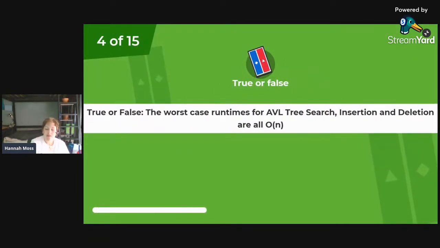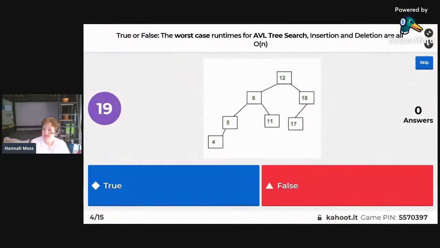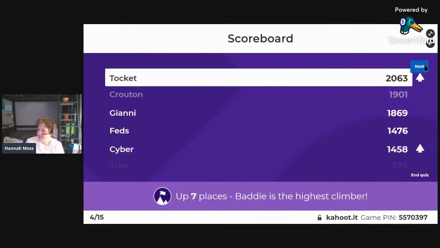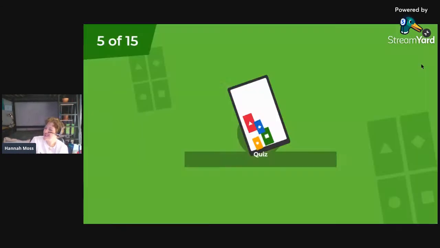The worst case runtimes for AVL tree search, insertion, and deletion are all O of N. And I hear there's some lag, so that's rough. Awesome. Most everyone got that right. Batty is the highest climber.